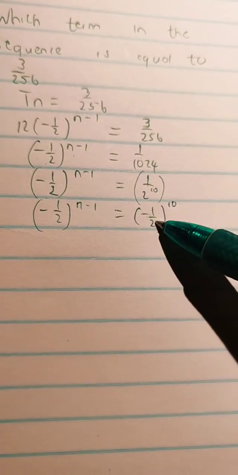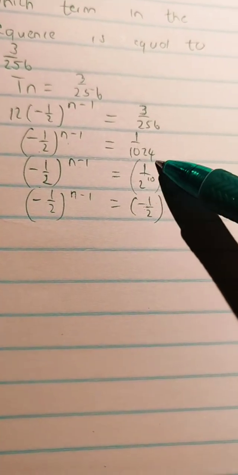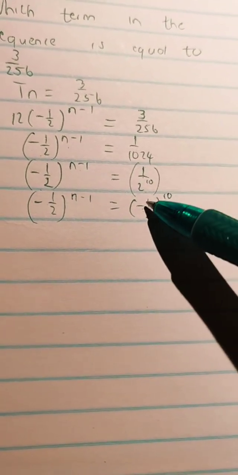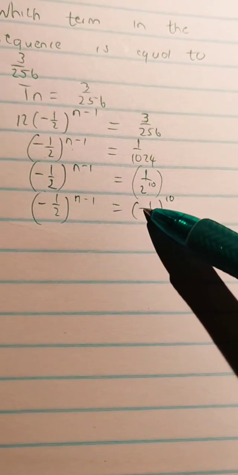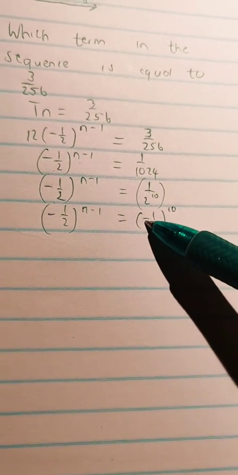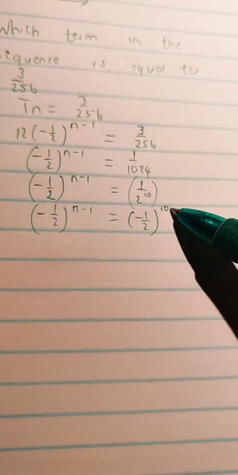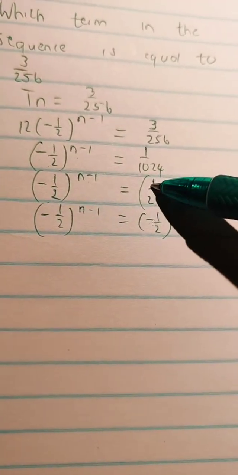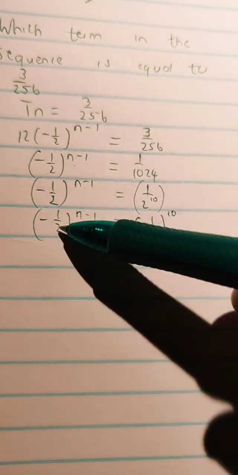If you take the 2 and raise it to the power 10, that's what gives me the 1024. But remember as well, what happens to the negative sign when you apply an even exponent to it? It becomes positive. That is why this works out nicely, just like this.